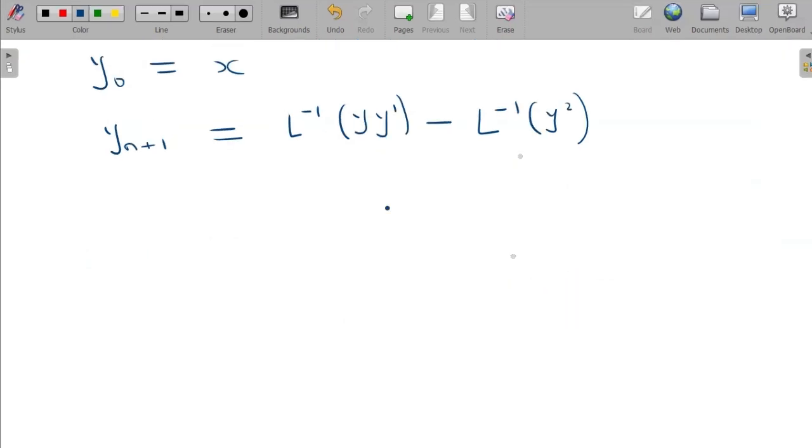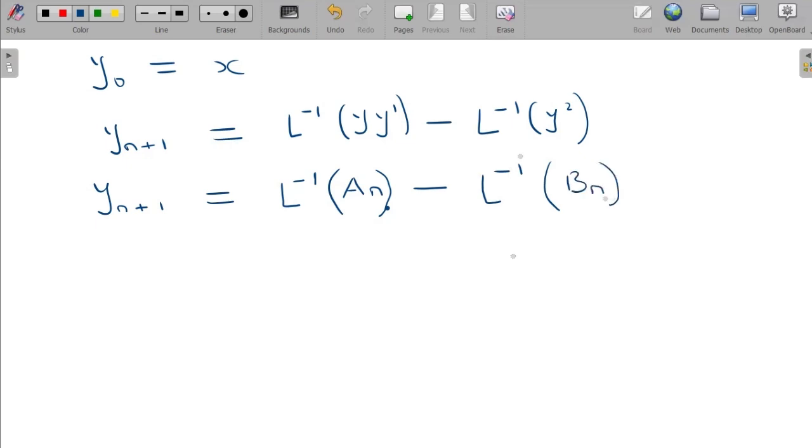Since both terms are nonlinear, we are going to apply Adomian polynomials to decompose them, giving y n plus 1. So let's represent y prime as A n, and let's represent y squared as B subscript n.